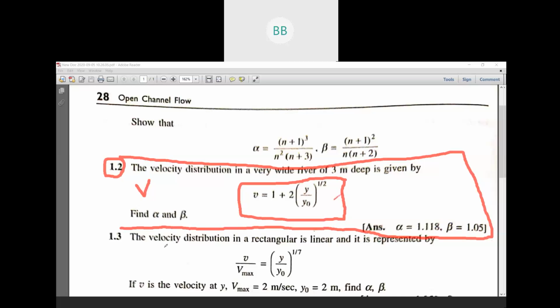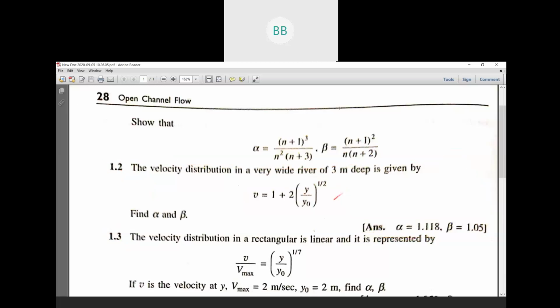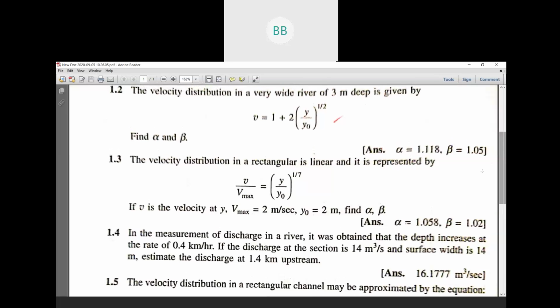So you just write down the question, and you can also write down the next question, 1.3. It's a rectangular channel. V by Vmax is given, and Vmax is already given as 2 meter per second.